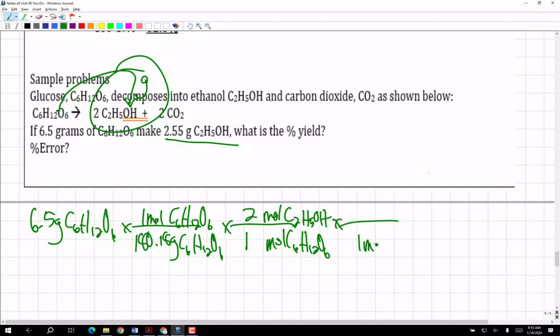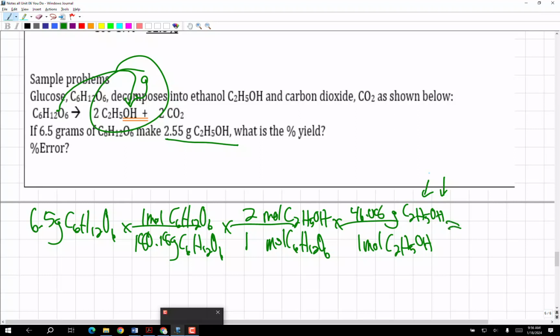Times 1 mole C2H5OH, and over here, grams C2H5OH. 2 times 12.01, that's carbon, right? Plus 6.06. Notice I have 2 batches of hydrogens. Plus 16, and that's 46.08.